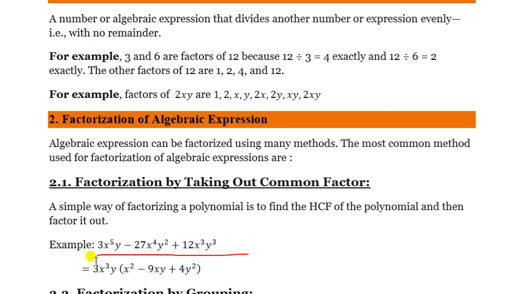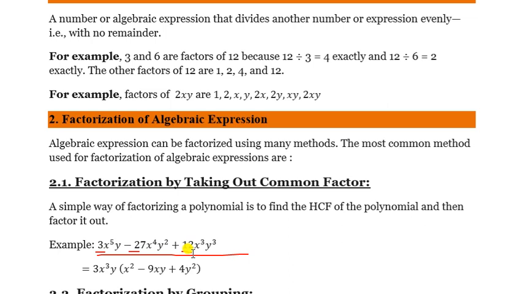See here, the numerical numbers given are 3, 27 and 12. So can you say what will be the highest common factor for 3, 27 and 12? It is 3, because 3 divides 3, 3 divides 27, 3 divides 12 also. That means 3 is the highest common factor.